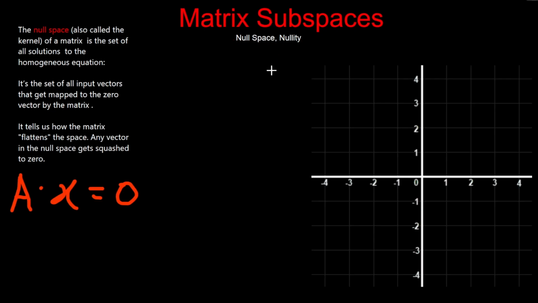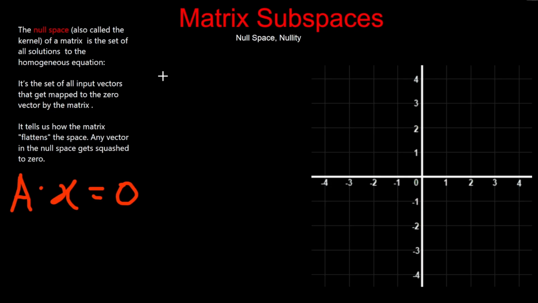And for column space, we have rank, right? Similarly, for null space, we have nullity. The dimension of the null space is the nullity. It tells how many dimensions the null space vectors contribute to.